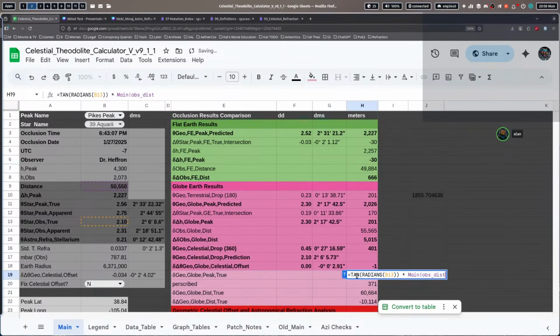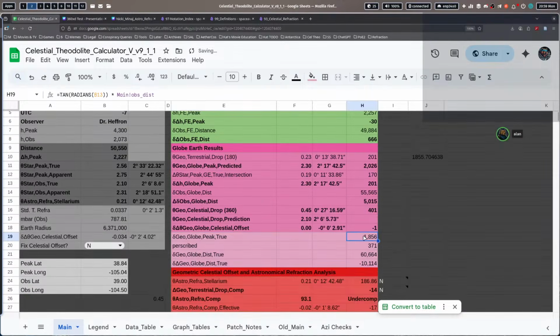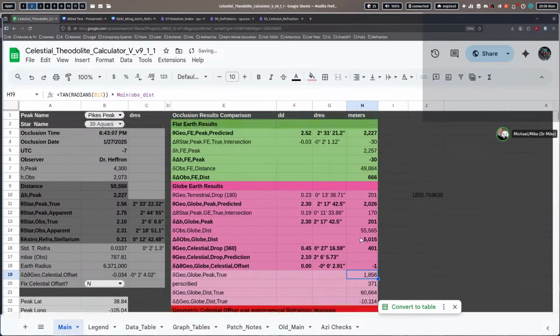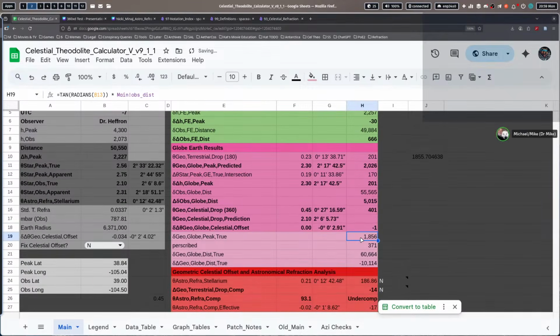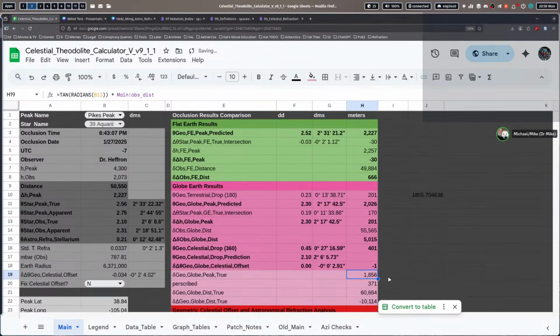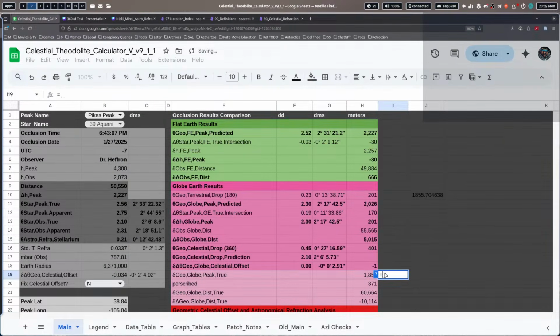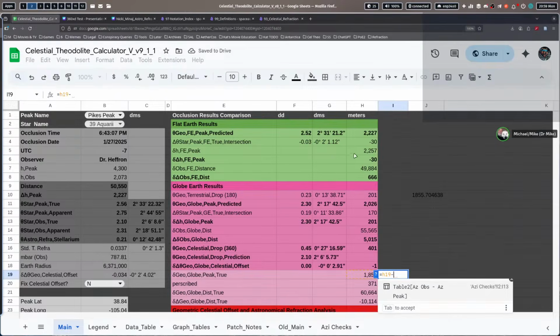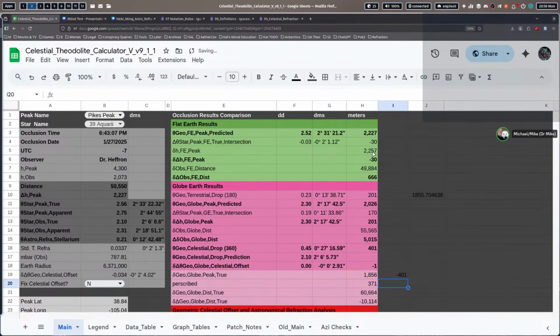That's their true geometric peak based off of the conclusion at the star. You can use that value, I guess H19, and subtract from H19 their equivalent predicted. And I don't see that already here anywhere.